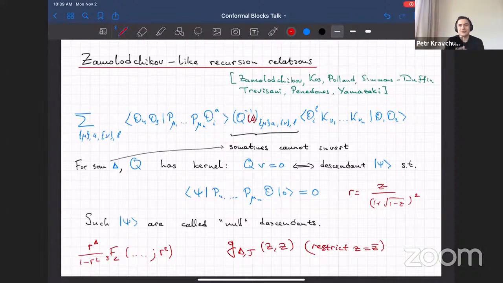It uniformizes the z variable, but not completely. There is no similar story with torus and stuff. Thank you.